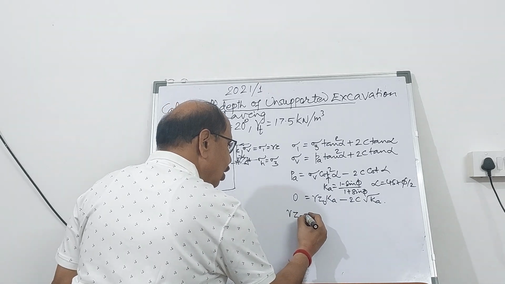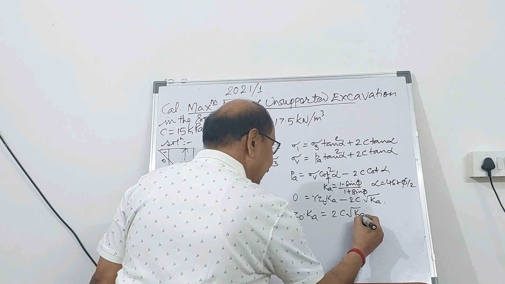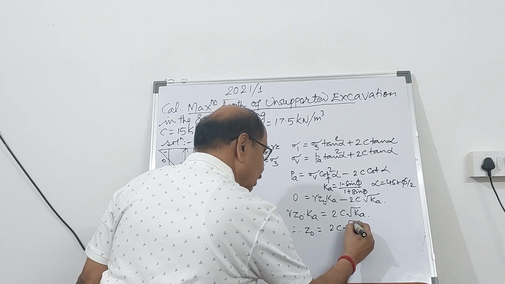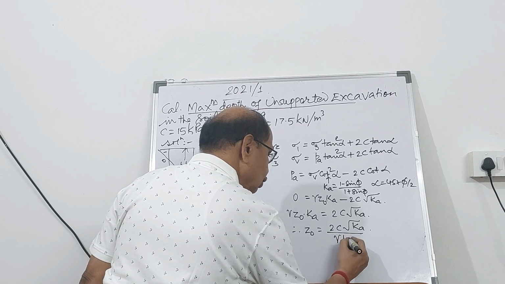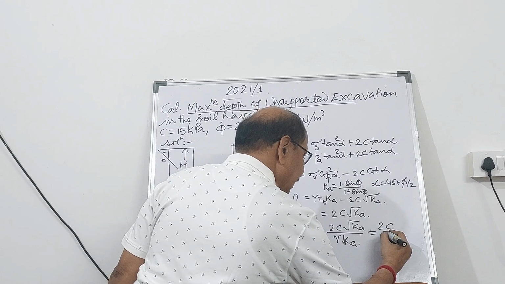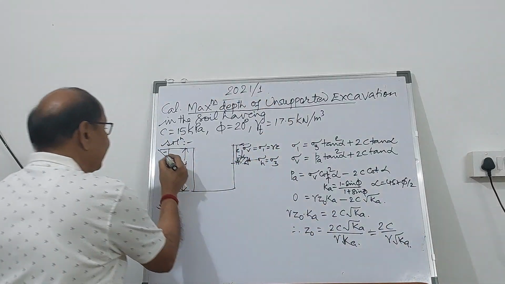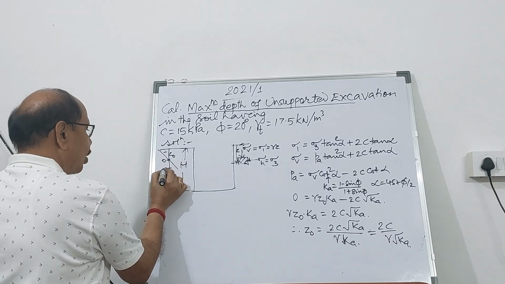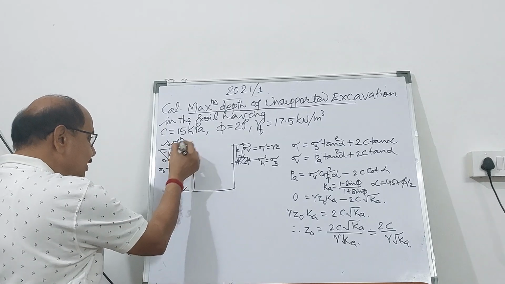Therefore, gamma z0 into K equals 2c under root K. Therefore, z0 equals 2c under root K divided by gamma into K. So finally it becomes 2c divided by gamma under root K. Now this is negative. So this z0 up to here and z0 on the positive side will nullify each other. So that becomes the critical height.